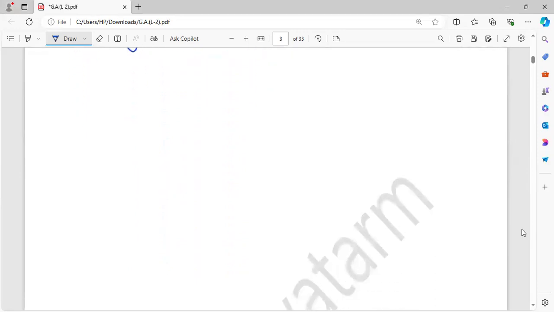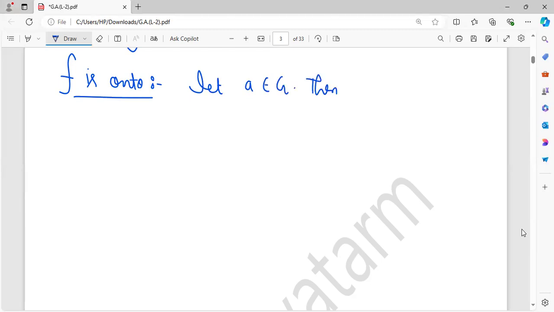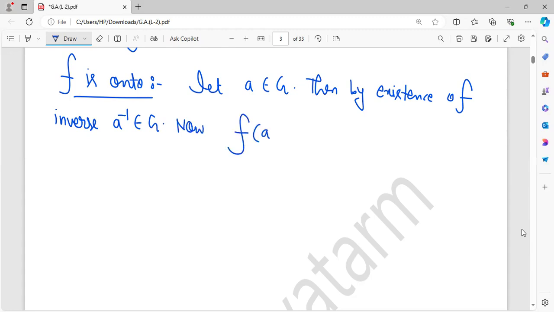Now F is onto. Let A belong to G. Then by existence of inverse, A inverse belongs to G because every element in a group G has an inverse. Now what is F of A inverse?